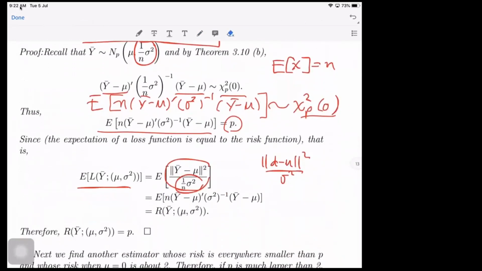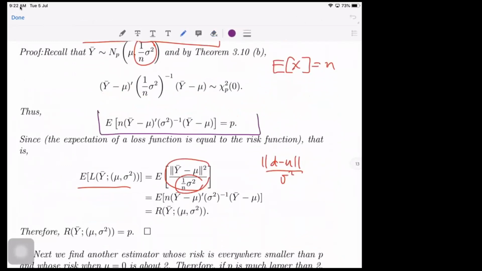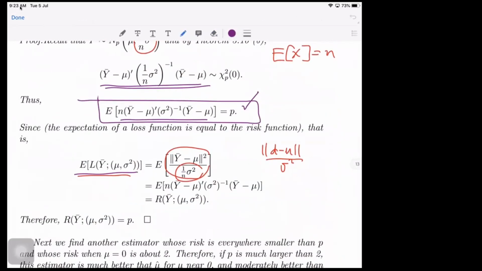This is the result using the information that this term is chi-square distributed, so its expectation is p. By the formula, the expected loss is the expectation of D minus mu over sigma squared, where our sigma squared is 1 over n sigma, our D is Y bar, and our parameter is mu.